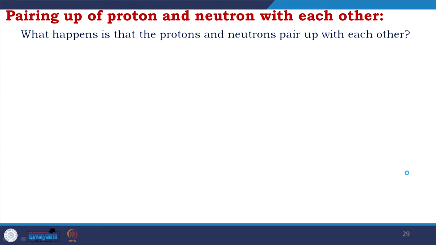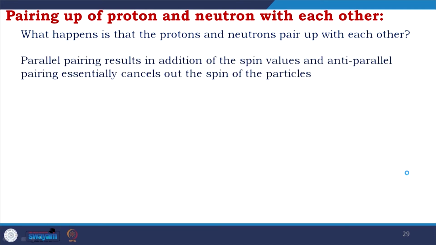Now, we will look at pairing up of protons and neutrons with each other. Parallel pairing results in addition of the spin values, and anti-parallel pairing essentially cancels out the spin of the particle. So, it would be parallel pairing or anti-parallel pairing.